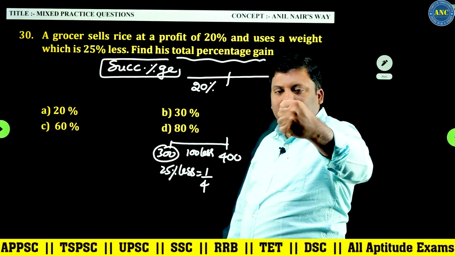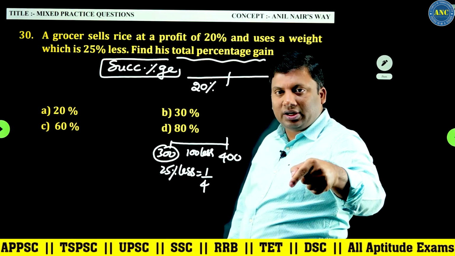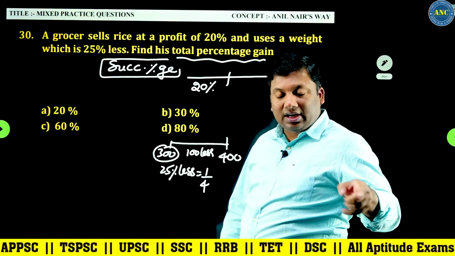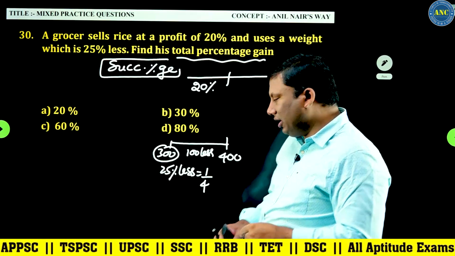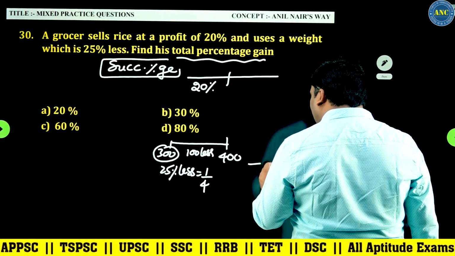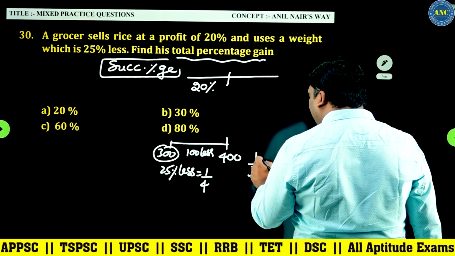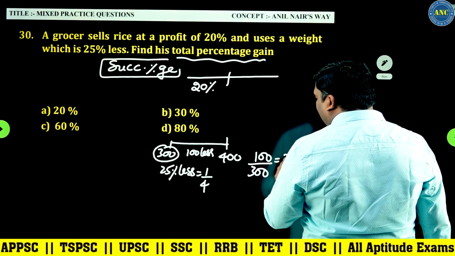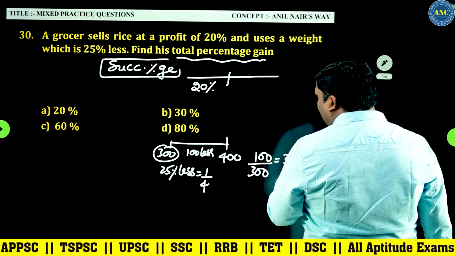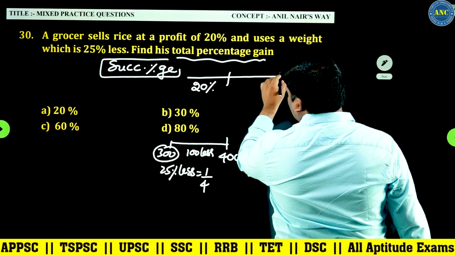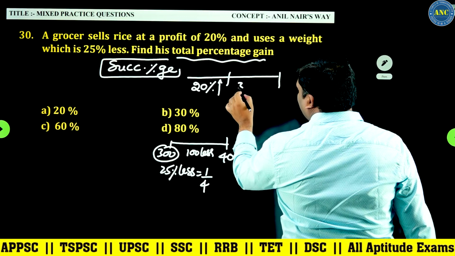Suppose I kept a balance, it is showing 400 to you, but actually it is 300. That means I invested money on 300, and I am getting a profit of 100. 1 by 3 is 33.33%. First, he gets a 20% profit.